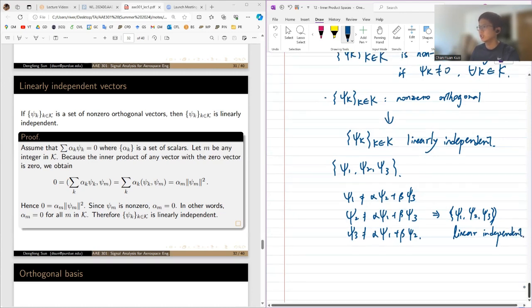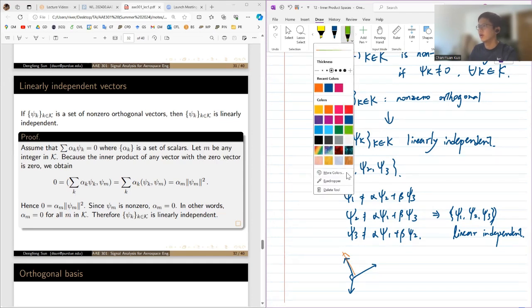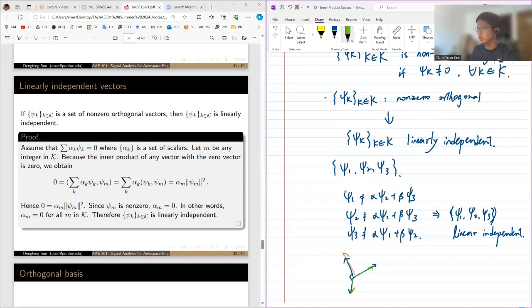If you think of this, this implication actually makes a lot of sense, because if you have a set of non-zero orthogonal vectors, they are basically going to be perpendicular to each other. So obviously, this direction cannot be obtained by any linear combination of the vectors in these two directions, because any linear combination of these two vectors will just form a plane, which is this plane.